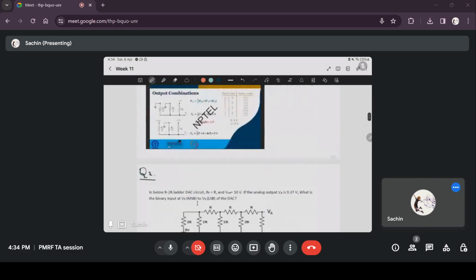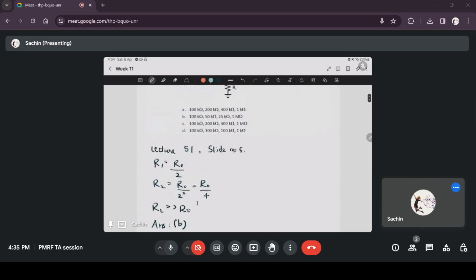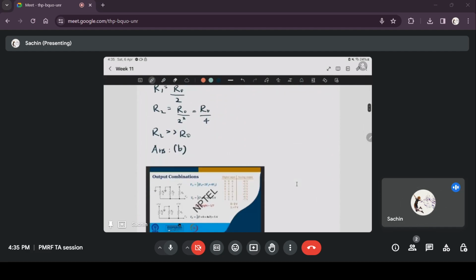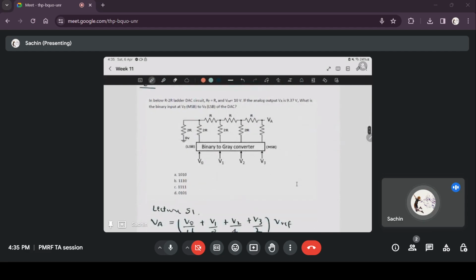It's a similar situation in binary weighted resistor DAC also. In this particular circuit that they have given, you would have your VA, the output would be 1 over 7 into, so here instead of 1 over, in your ladder circuit you have 1 over 2 power n.